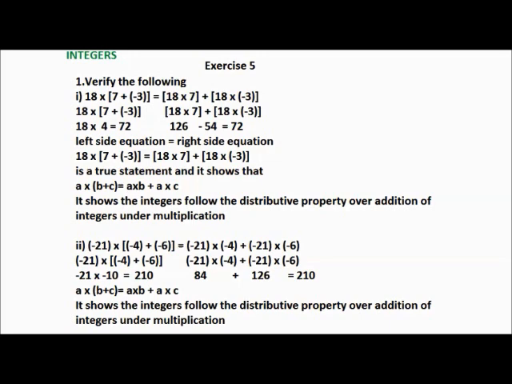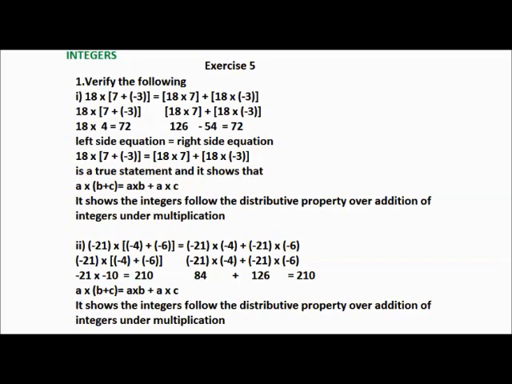And now the second statement. A group 18 multiplies 7 and it should be added to another group 18 multiplies minus 3. 18 multiplies 7 is equal to 126 and 18 multiplies with the minus 3 is equal to minus 54 and the total becomes 72.